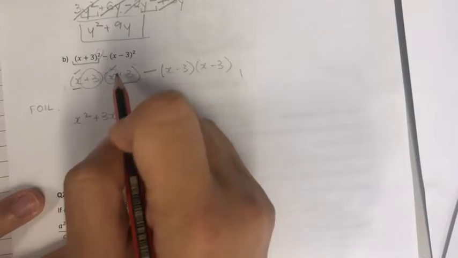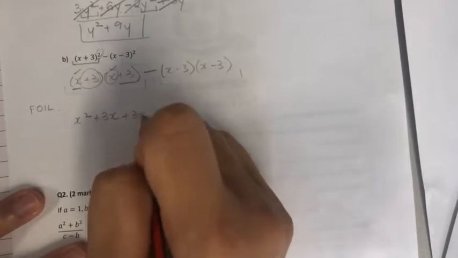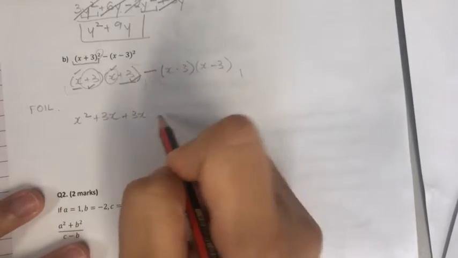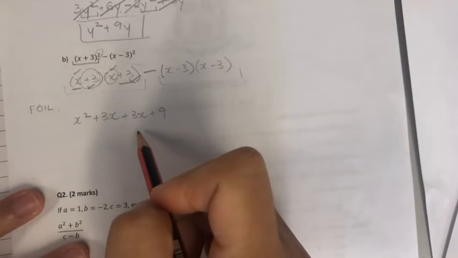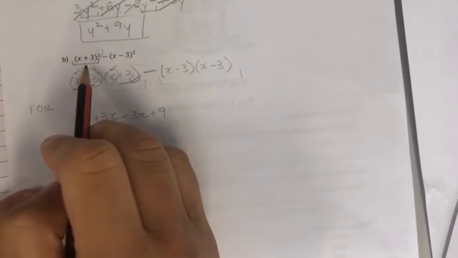The inside terms, which is 3 times x, which is another 3x. And plus 3 times plus 3, which is plus 9. There is a shorter way to do things that are squared, which if you know you can use, but that's there.